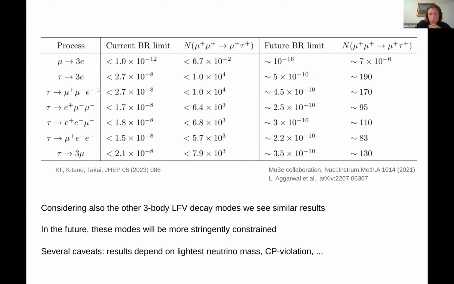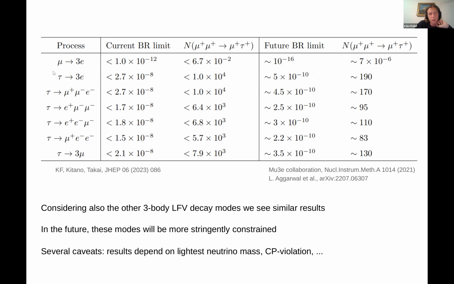There are two modes, the mu to 3e and the mu to e gamma, which are the most sensitive modes here, because this is a 4 fermion process. We are looking now at the mu to 3e, for which, if the corresponding chi parameter would be equal to 1, you would expect 6 times 10 to the minus 2 events.